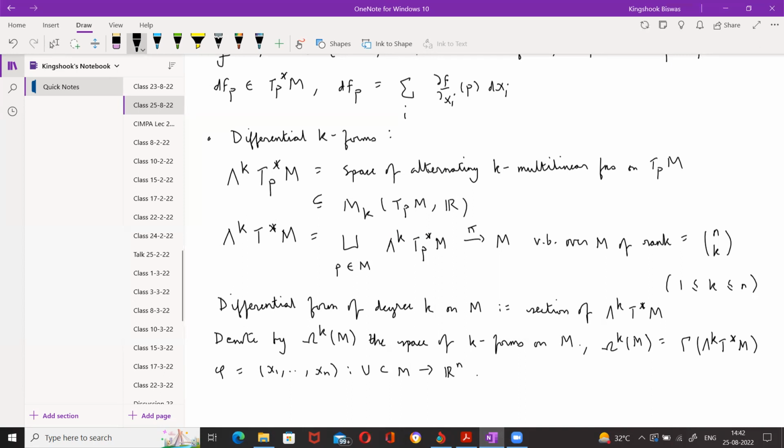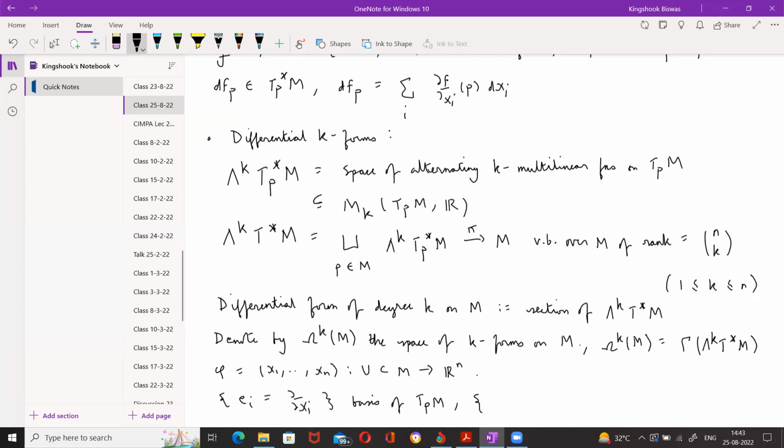So we have a basis e_i equal to ∂/∂x_i of T_pM.